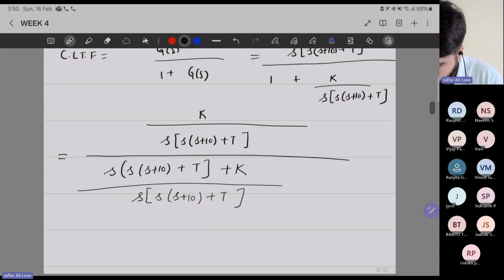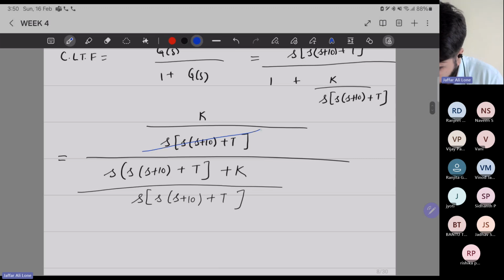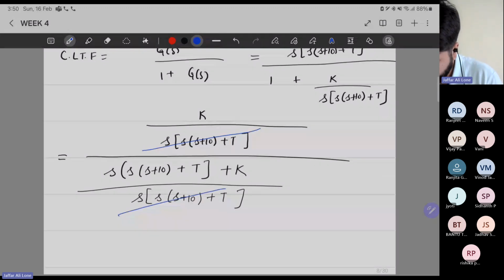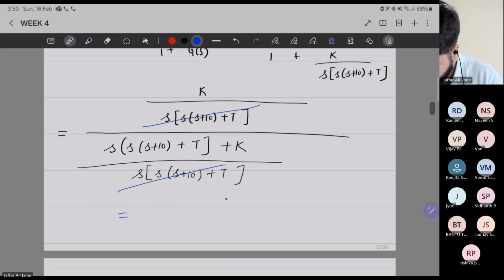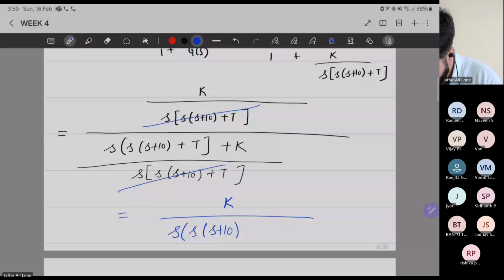Now this term and this term will get cancelled, and what you will get is K divided by s(s plus 10 plus t) plus K. So this will be your closed loop transfer function.